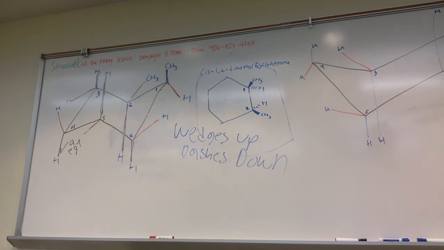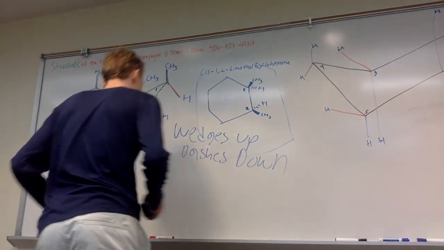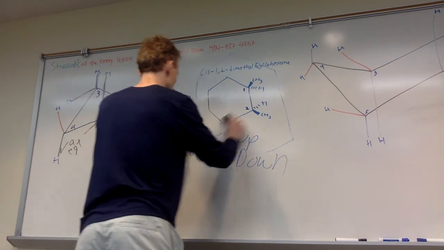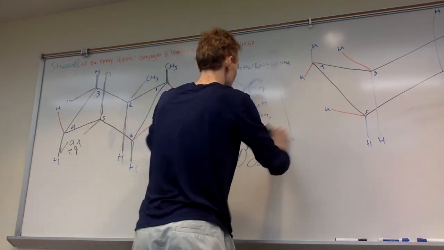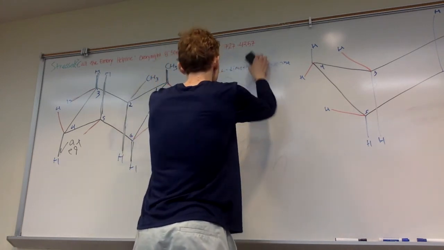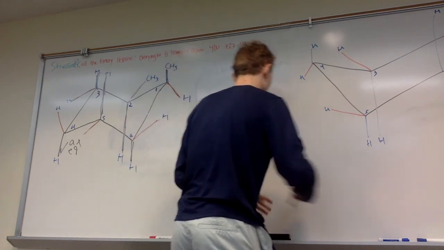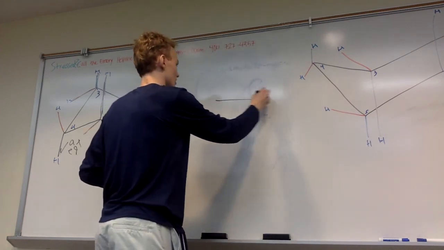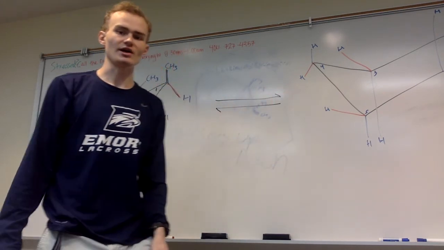So they're both going to have the same stability. So when we draw the arrows to show equilibrium, it's simply going to look like this. Both of these arrows will be the same length.